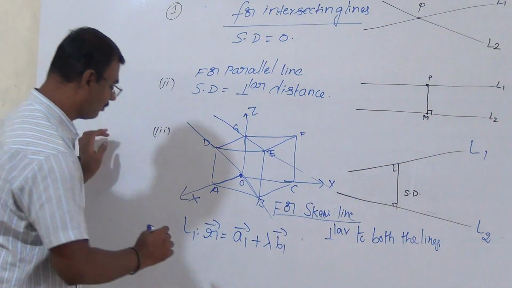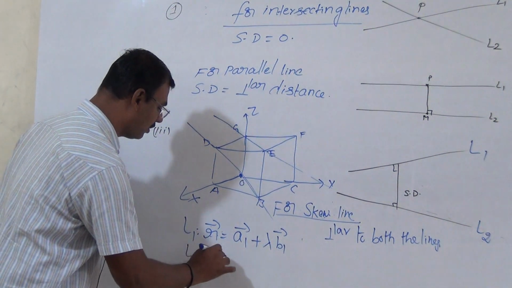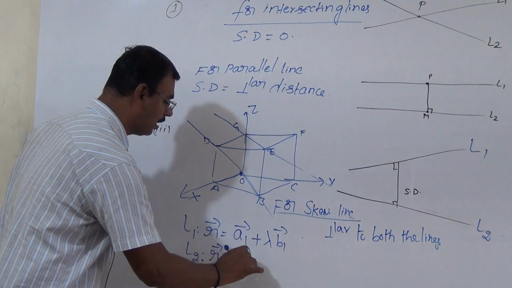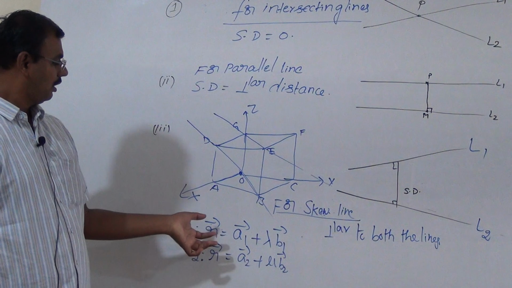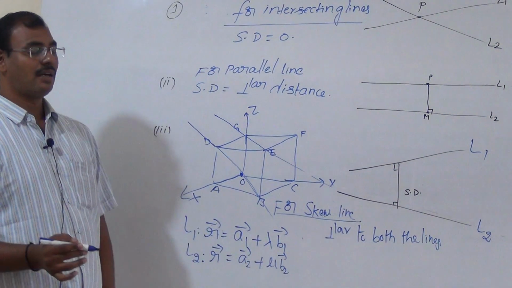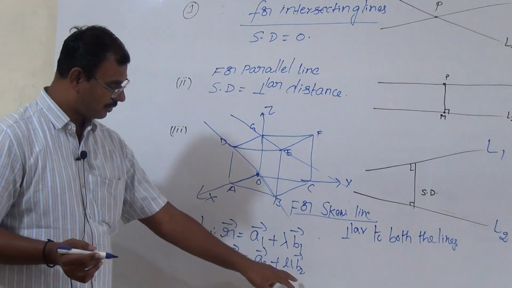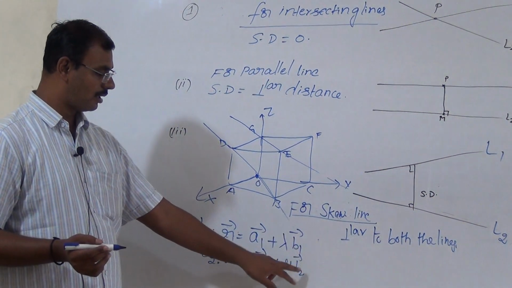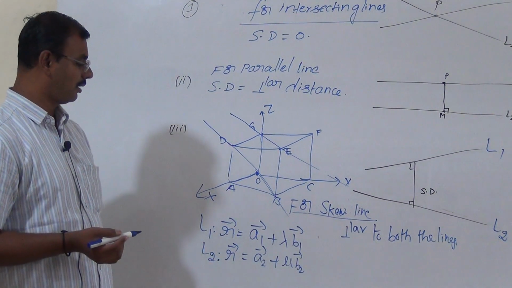And another line L2: R bar is equal to A2 bar plus mu times B2 bar. If we observe these two lines, B1 and B2 both differ. So the B1 vector and B2 vector are neither parallel nor intersecting.